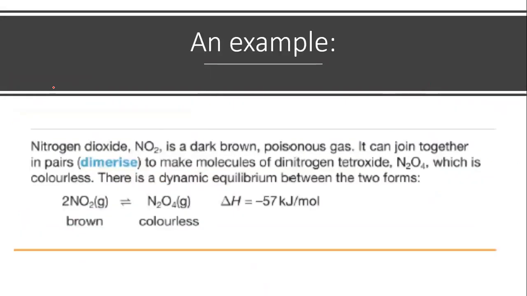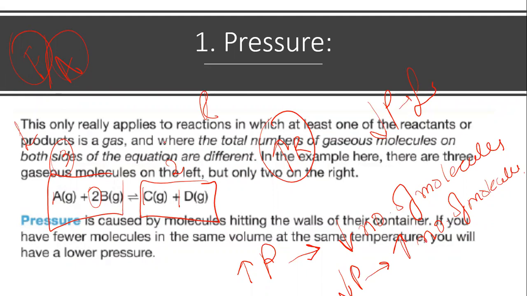When it goes towards the product side, there are less number of molecules, which means less collisions, less force per unit area, and less pressure. So the value of pressure comes back down. The equilibrium can go forward and backward to make sure that the total pressure remains the same.